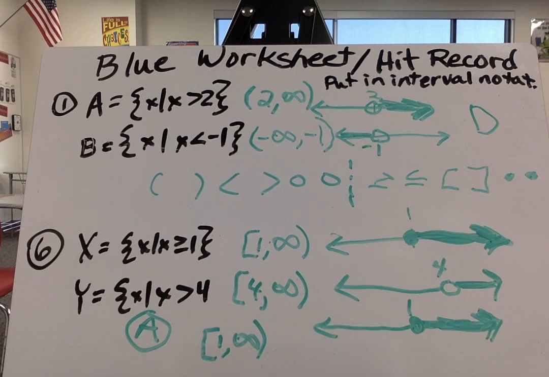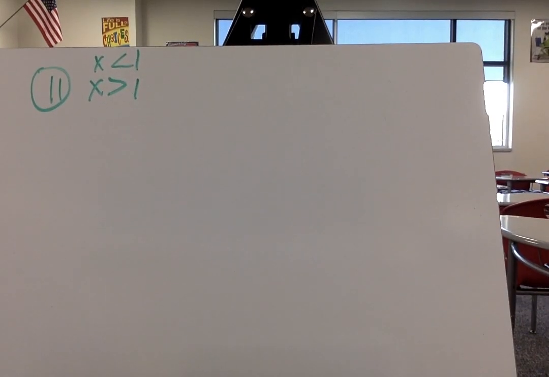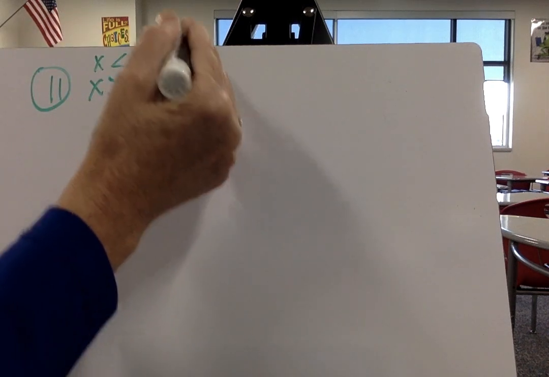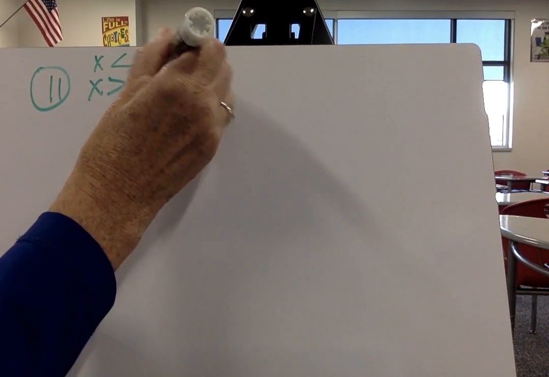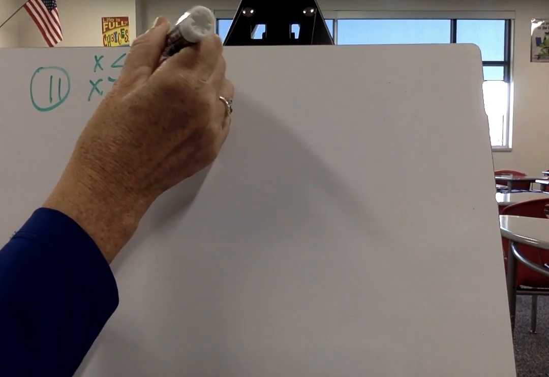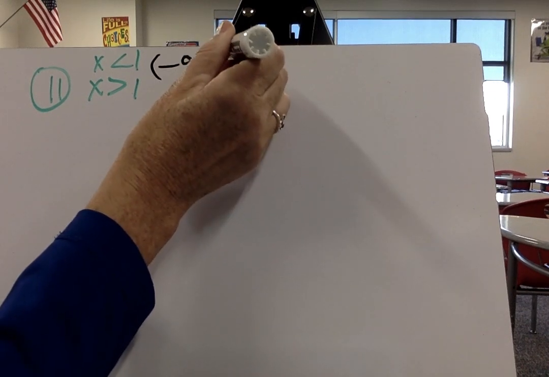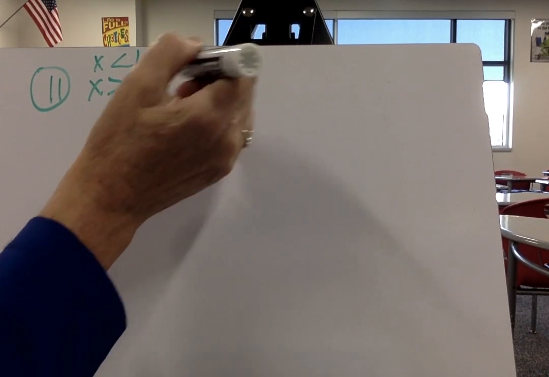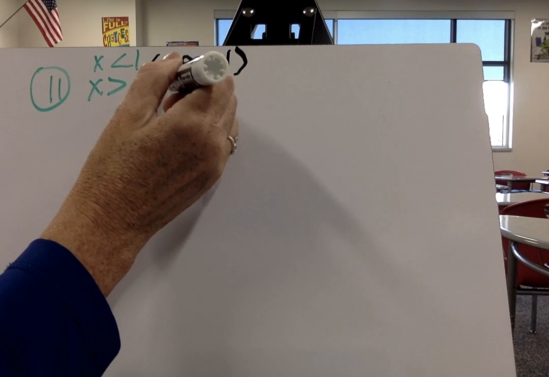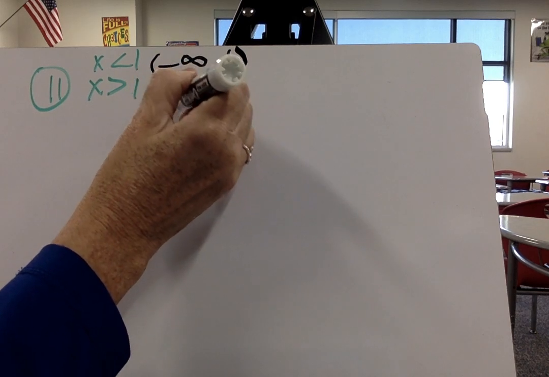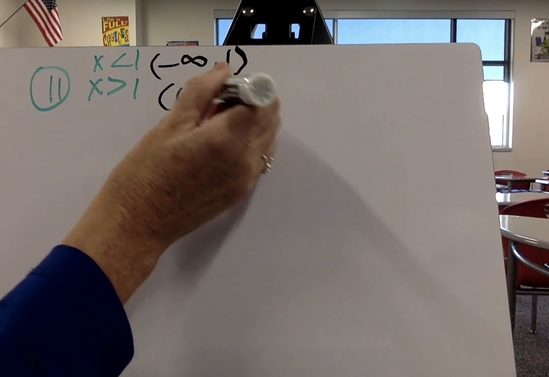So if this is an OR statement, okay, so x is less than 1, that would be negative infinity to 1, and it doesn't include 1. And this one goes from 1 to infinity.